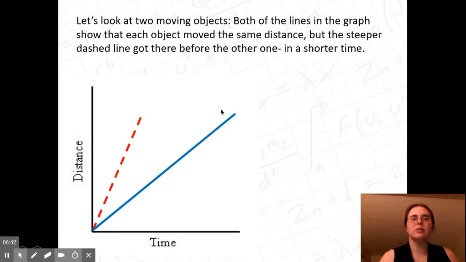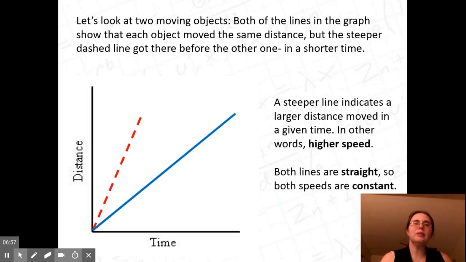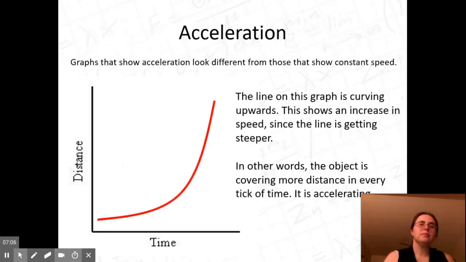It'd be easier with it marked, but this should be about the same distance. And it took the red line much less time to get there than it took the blue line. So a steeper line indicates a larger distance moved in a given time, or a higher speed. And because both lines are straight, both speeds were constant.